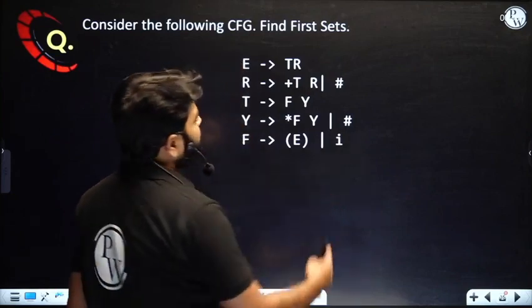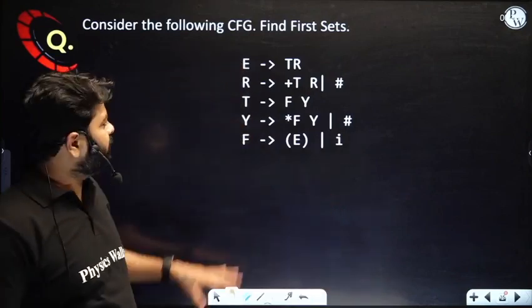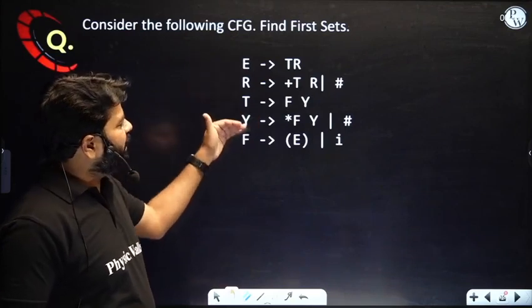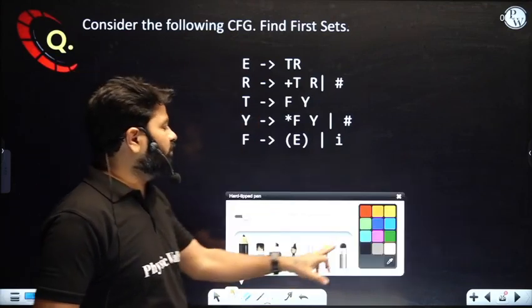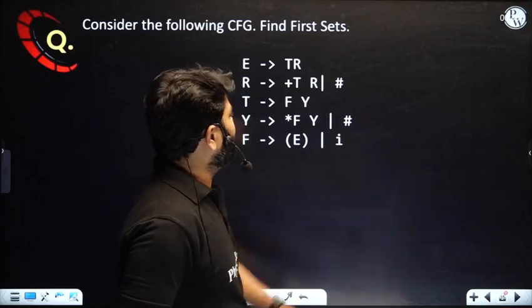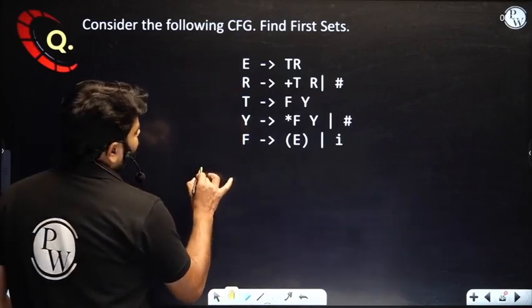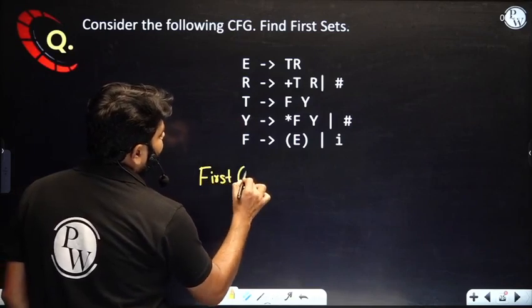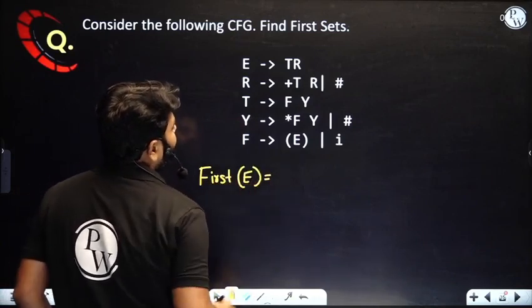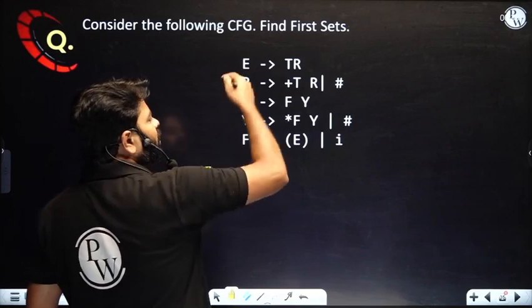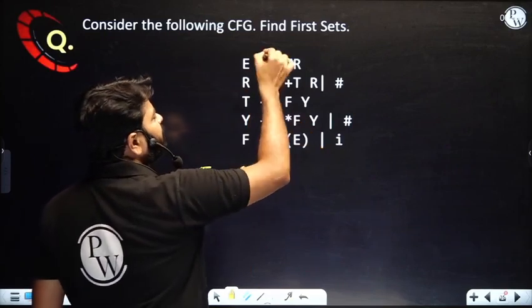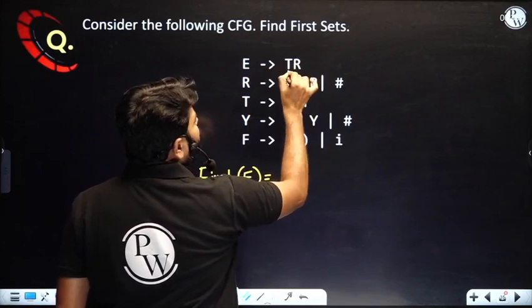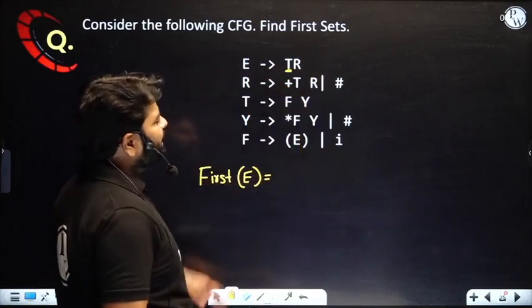Okay, let us practice the computation of the first sets for this grammar. What is the first set for E, R, T, Y, F? Now, look at this grammar, it should be easy to compute the first of E. Always you just look at what E can derive: T followed by R. So, first look at T. Is that T giving epsilon?